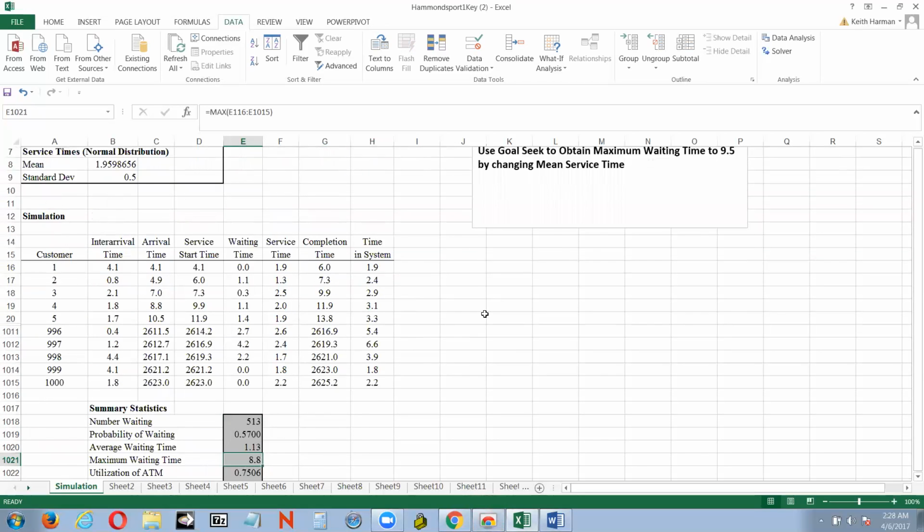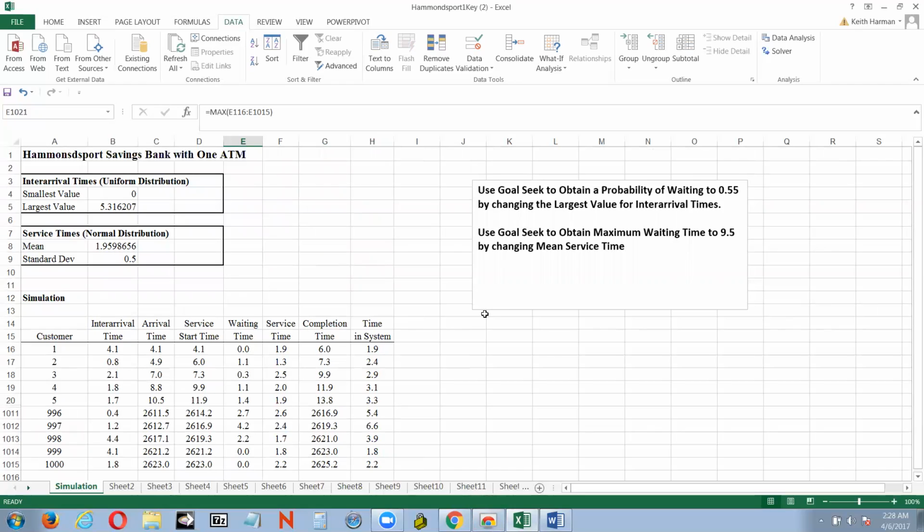And then we're going to look at the mean service time, which will be B8, okay? So we're going to use goal-seek, and C1021 is the maximum waiting time.